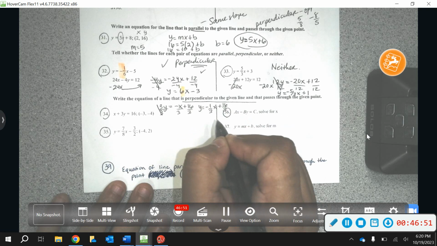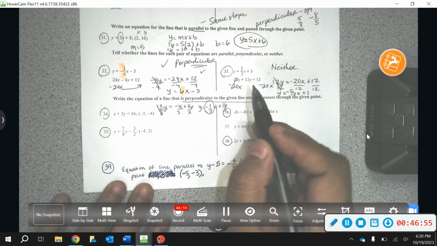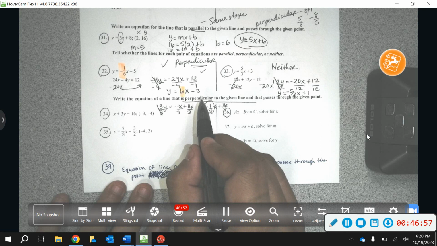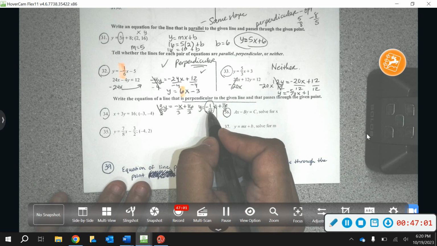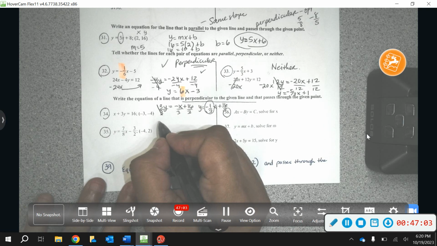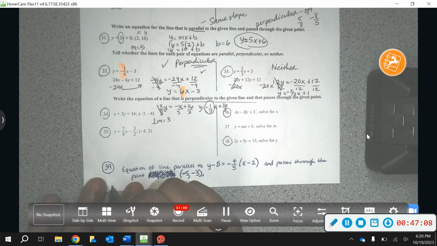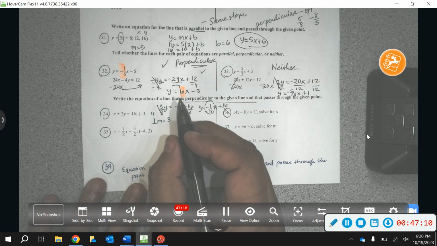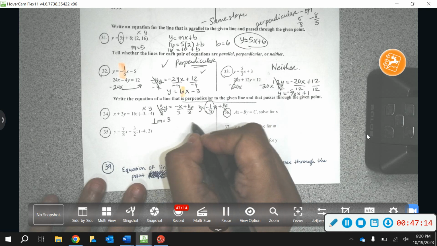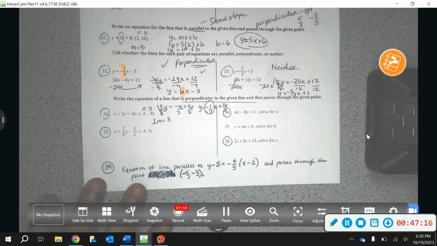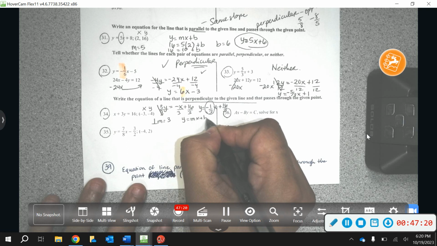Now the only thing that I care about here is the slope, because when they say perpendicular and parallel, it affects the slope. The perpendicular slope to negative 1/3 is a positive 3. So I'm going to use positive 3 for my slope. This is x, this is y, plug it into y equals mx plus b, get my y-intercept, and you are done. Y equals mx plus b.